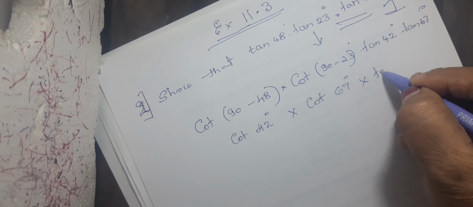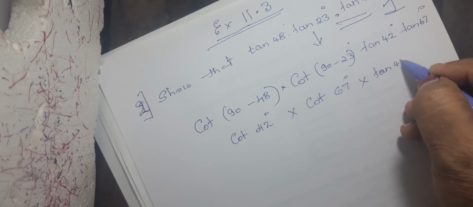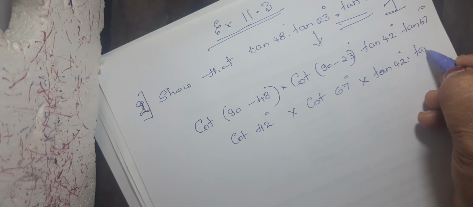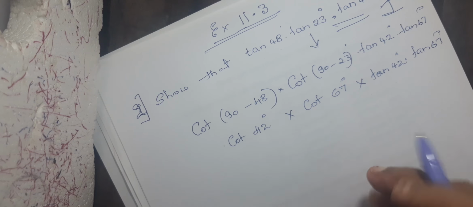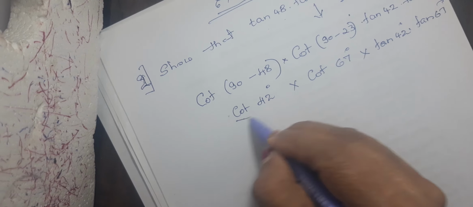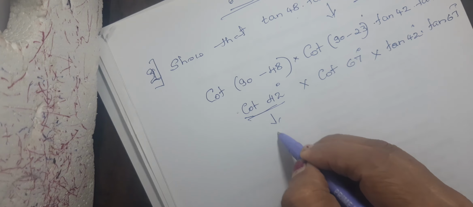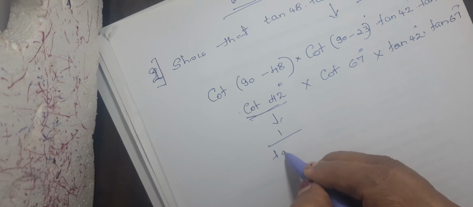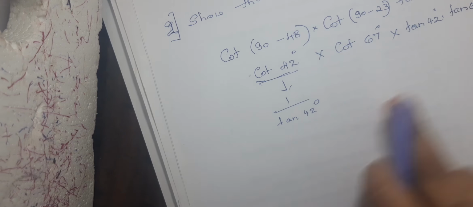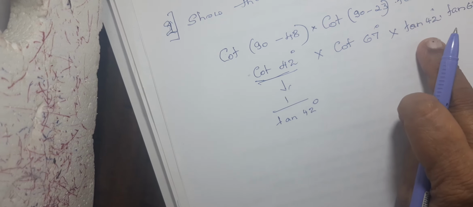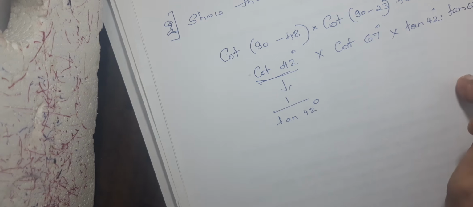into tan 42 into tan 67. Now you know tan and cot are reciprocals of each other. Now cot 42, I can write as 1 by tan 42, or I could have written tan 42 as 1 by cot 42.